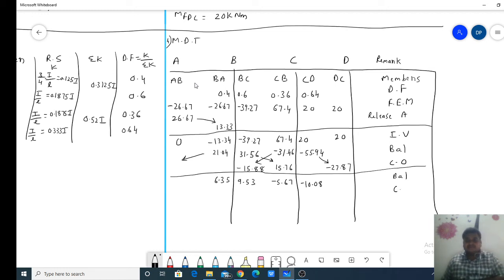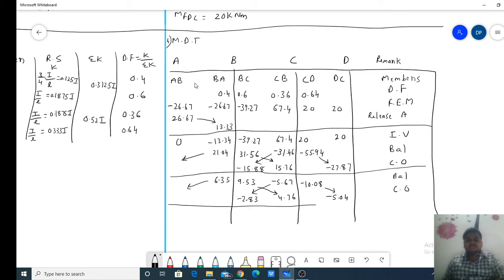Now after balance, once again carry over, no carry over here. 9.53 means this comes out to be 4.76, and 5.67 means minus 2.83. Then 10.08 means this is minus 5.04.